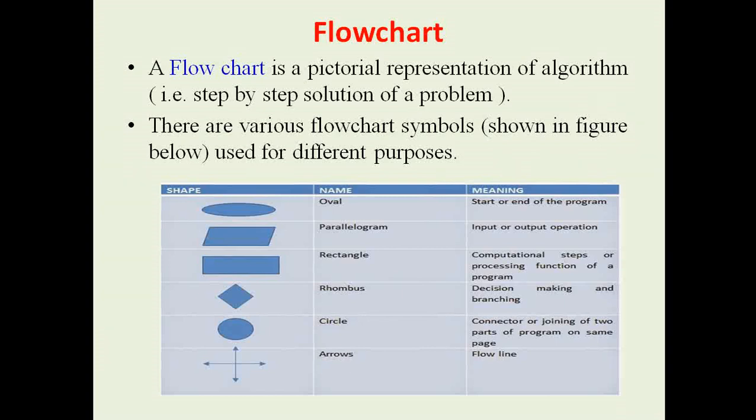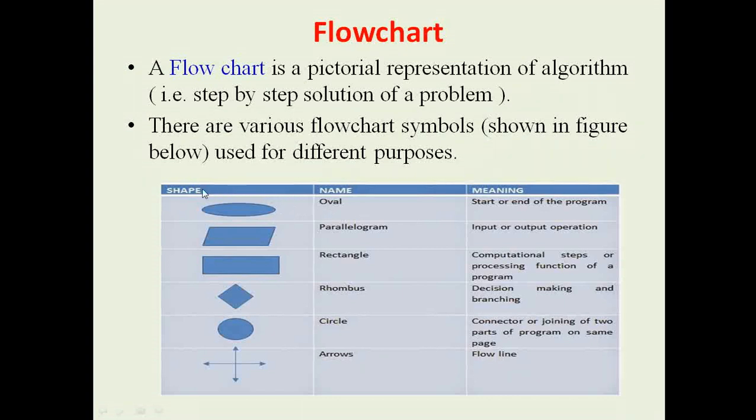So to represent algorithm in diagrammatical form, we need some symbols, and these symbols are: the first one is called oval. This is used for start and end of the program.